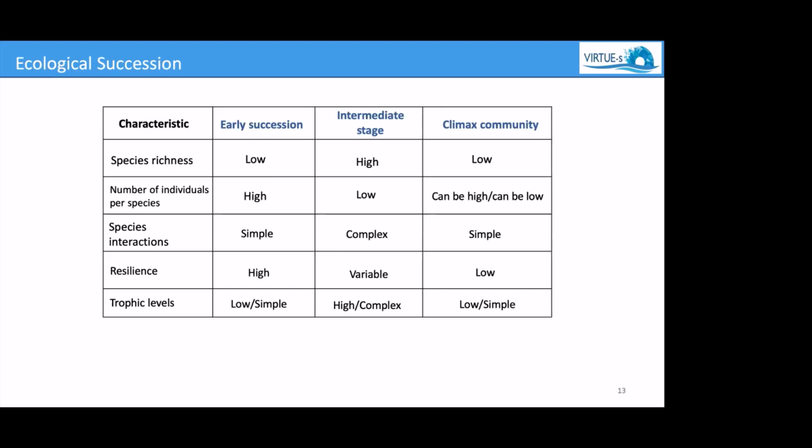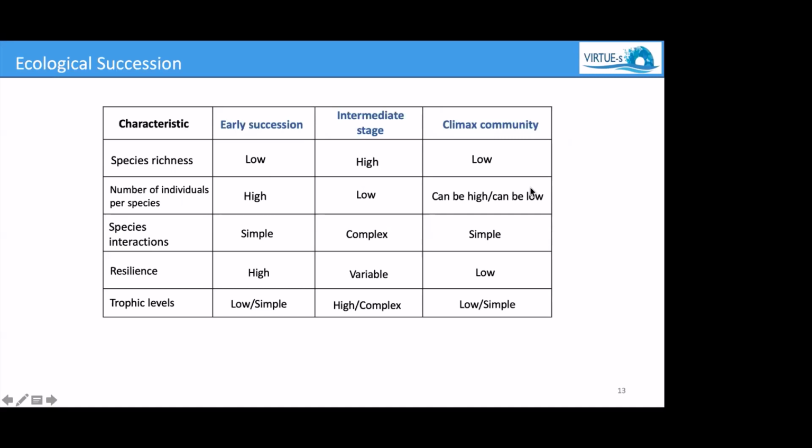So if there are a lot of species in the intermediate stage, they cannot spread all over the place because space is limited, so the number of individuals per species during the intermediate stage is low.